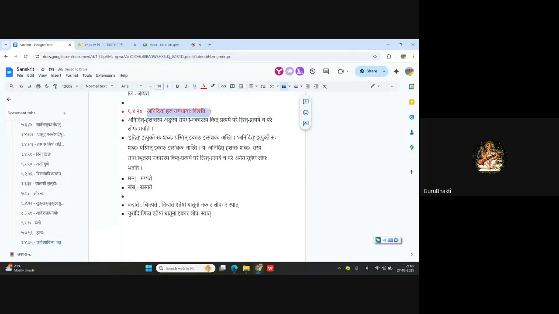Just look at this. Aniditam hala upadhayaha kniti. Anidit. What is idit? What is anidit? First we have to know that one. Idit means, in whatever shabda, if there is an ikara that gets itsamjna, it is called idit.